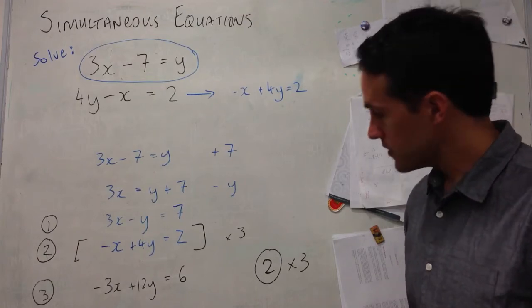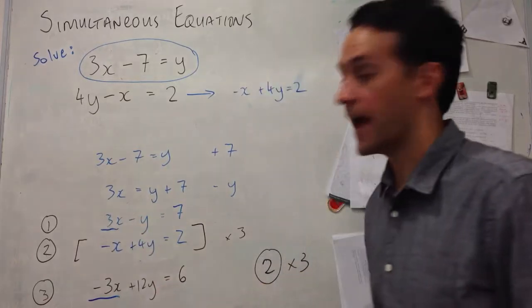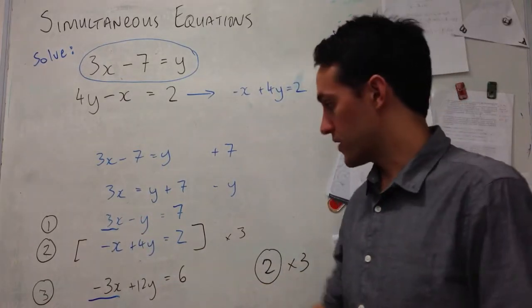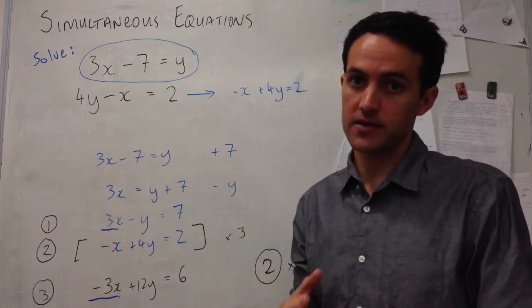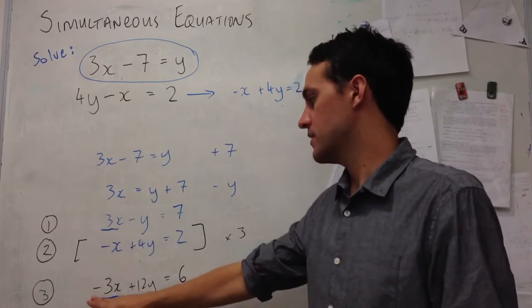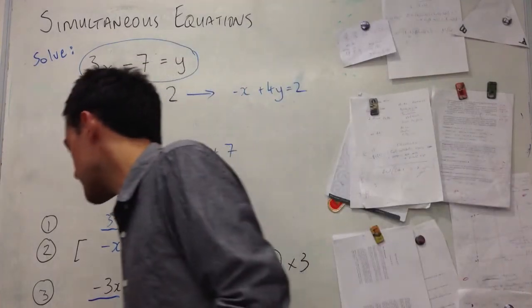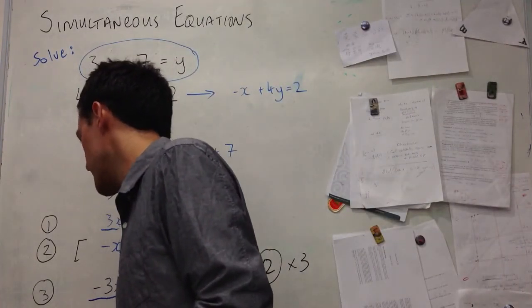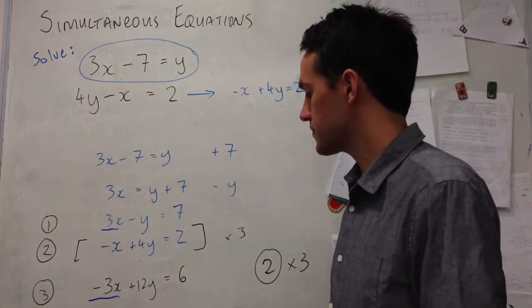And now, in order to eliminate the x, I actually just add these together. Because this is a negative and this is a positive, adding them together will cancel out x. If this were a positive, then I would subtract them. But adding them together, I'm going to have equation 1 plus equation 3, like this.